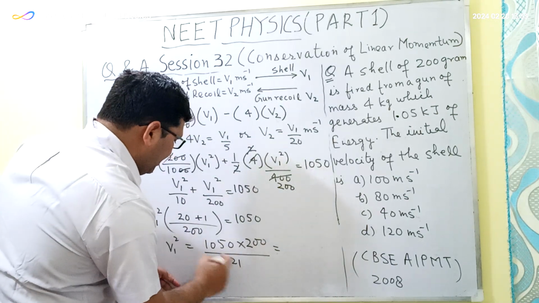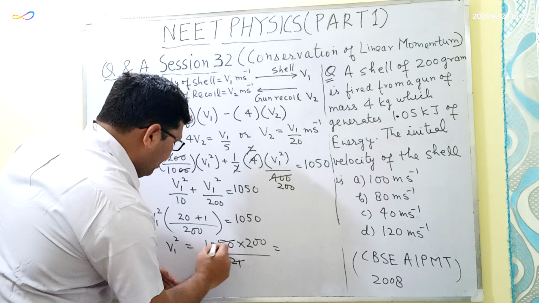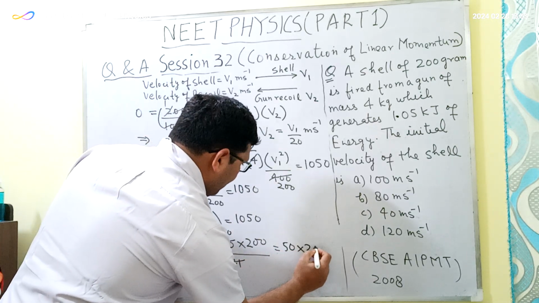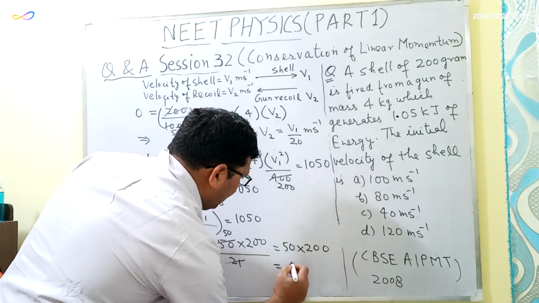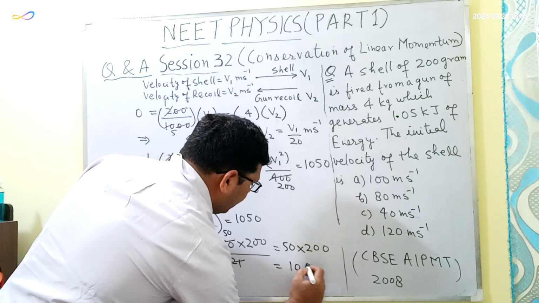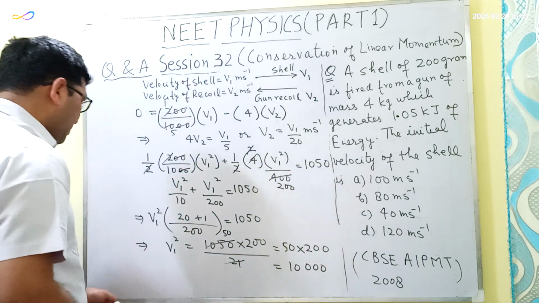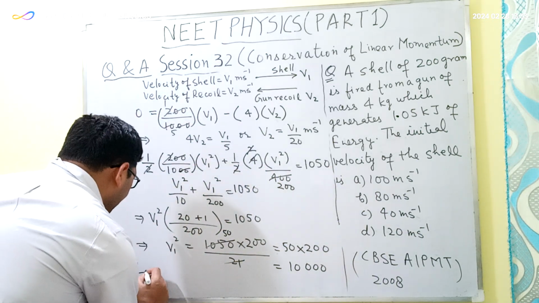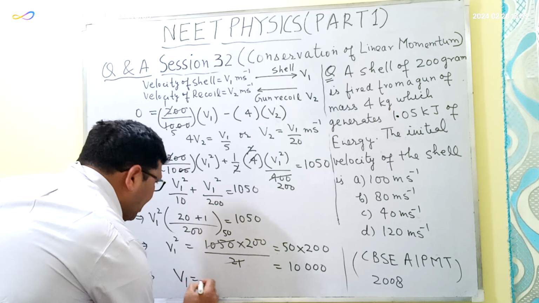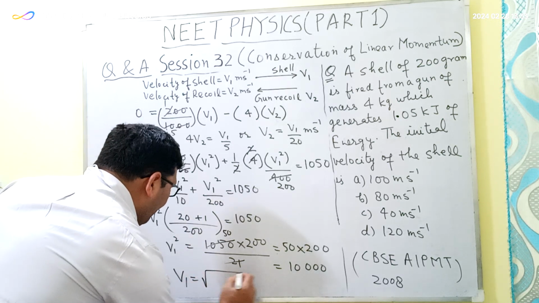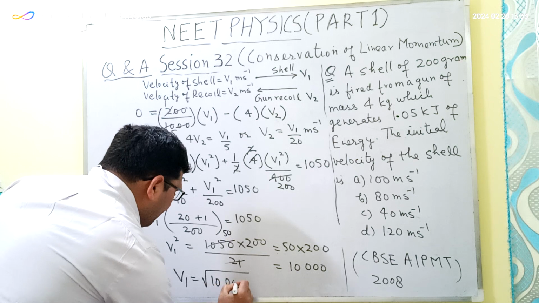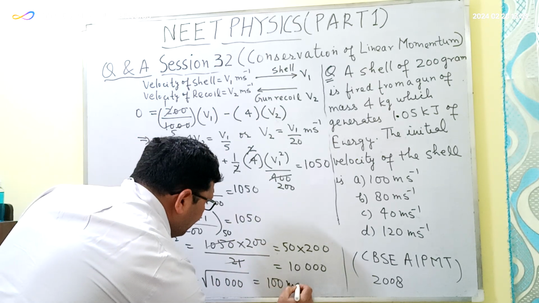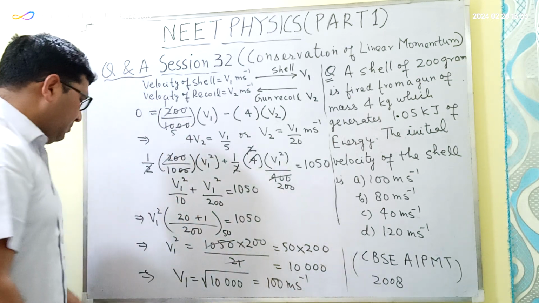So 21 into 5 will be equal to 105. If I just divide this, it will equal 50, and 50 into 200 is equal to 10,000. So V1 square is equal to 10,000, or we can say that V1 is equal to the under root of 10,000, and this is equal to 100 meter per second.